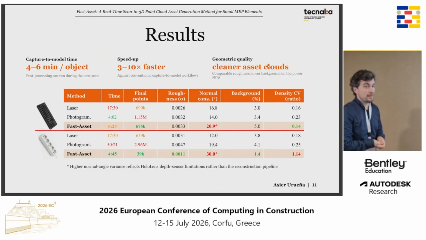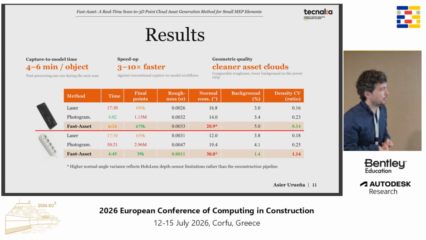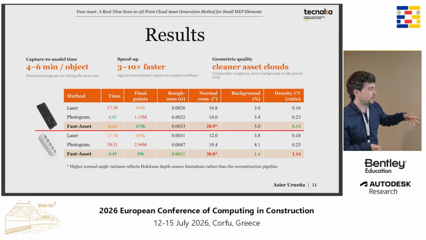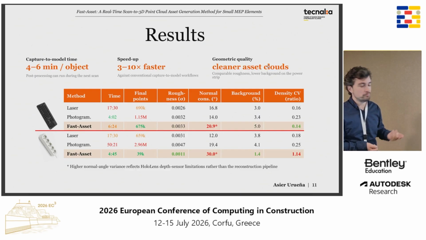The main indicator is the time it takes, which is very consistently low for our method. Photogrammetry performs a little better on the keyboard, but on the power strip it goes up to nearly an hour, so it's not consistent. The laser method is consistent, but it takes longer.